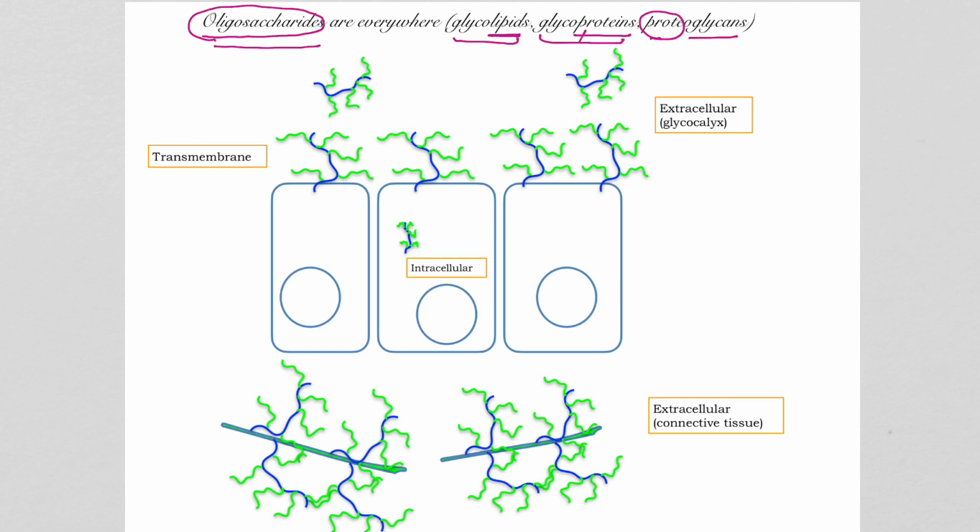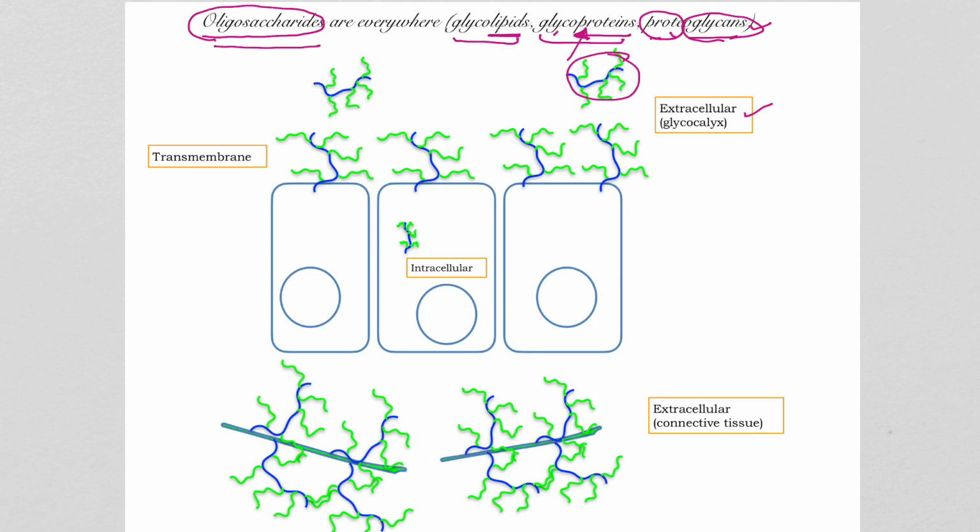So in glycoproteins, the protein is the major part of the glycoprotein. Carbohydrate is a minor component. Proteoglycans is the opposite. Glycans, the carbohydrate, is the major component. Protein is the one found in lesser amount. So these carbohydrates are everywhere in the body. They can be extracellular, outside the cells.